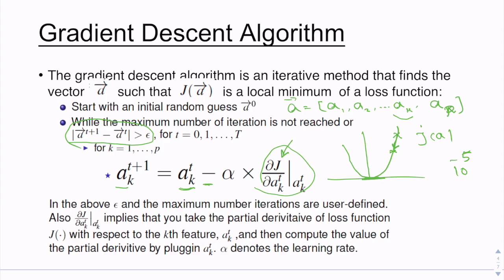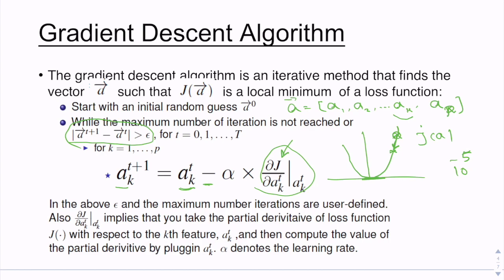So when you compute the partial derivative with respect to one parameter at one point, we want to see how much we need to move toward the negative direction of the slope.